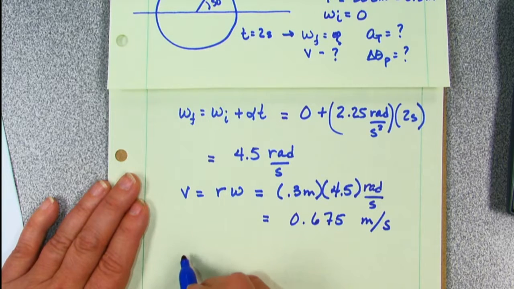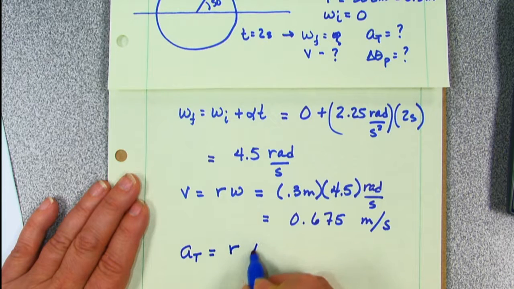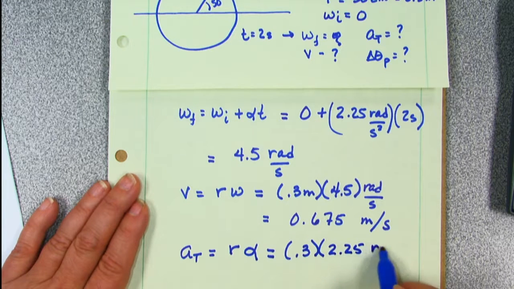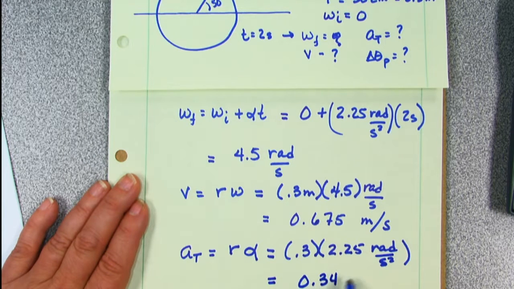Now my tangential acceleration is just R alpha. So that's going to be my 0.3 times the acceleration that I've been given, and that's going to give me 0.675 meters per second squared.